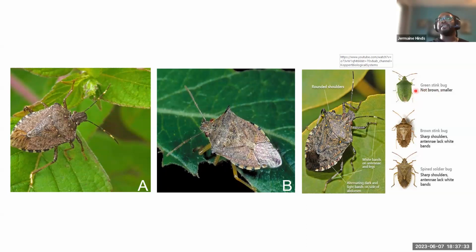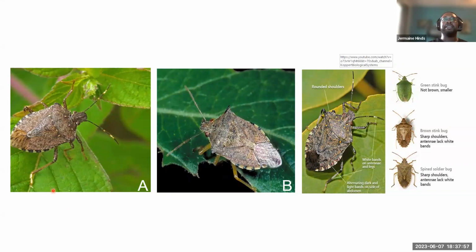We have the green stink bug, which is not brown and tends to be smaller than the brown marmorated stink bug. We have the brown stink bug, which has sharp shoulders, but its antennae lack the black and white bands. And then you have the spined soldier bug, which is a beneficial insect, but it has sharp shoulders, and its antennae lack those white bands.